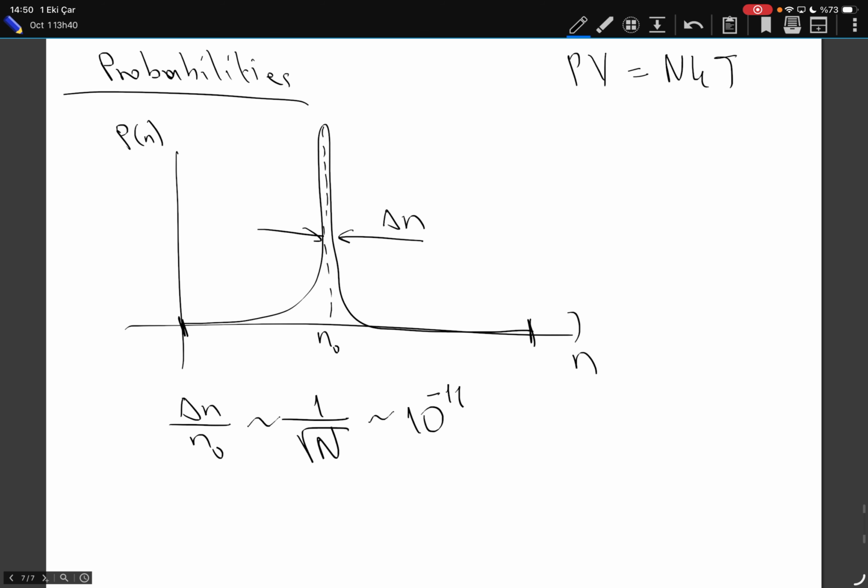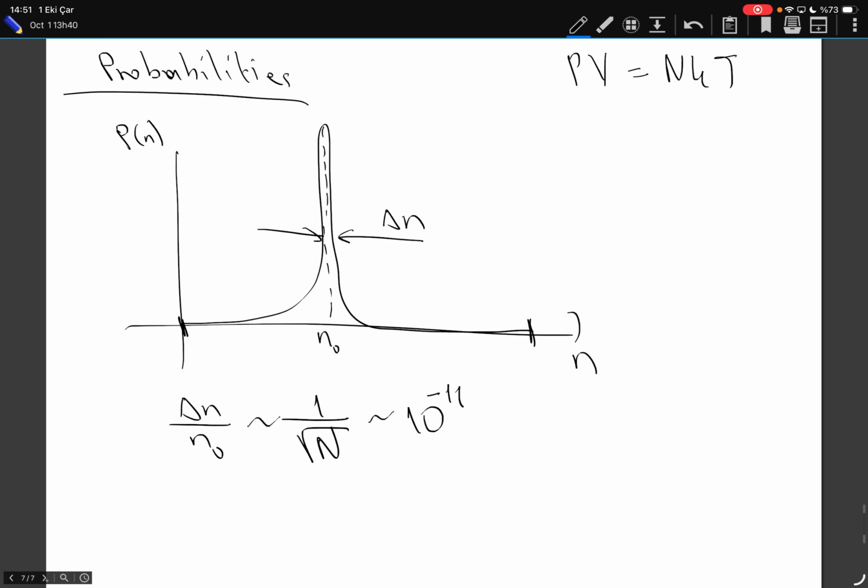Our measuring devices in general are not able to measure such small fluctuations. You will never see this fluctuation unless you are very, very unlucky. Typically, if you want to see a fluctuation that is somewhat significant or larger than delta n, you need to wait for longer than the age of the universe.